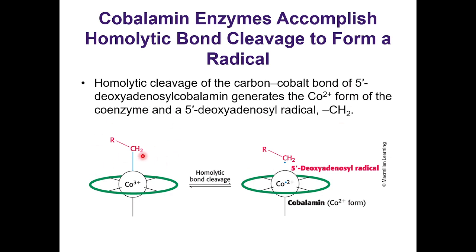And so this is this right here. Again, we attach the CH2 to this cobalt. It's in the 3+ form because it's going to then have a homolytic cleavage, meaning the bond breaks evenly across. We'll leave one electron on the carbon, one electron on the cobalt, which will bring it to 2+. Okay? And that will generate a free radical carbon.